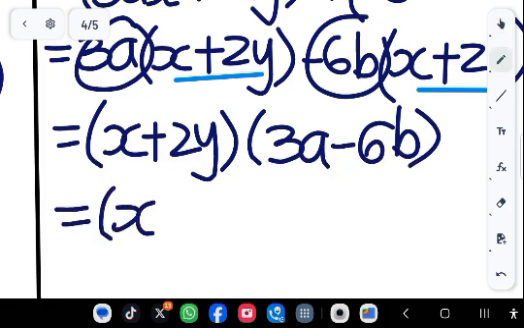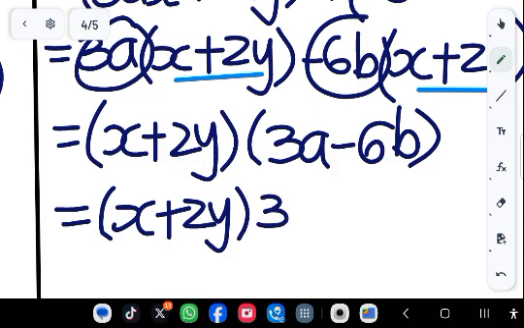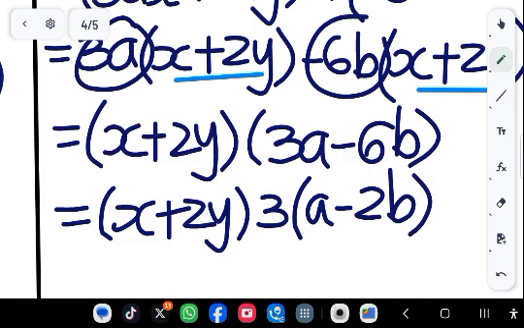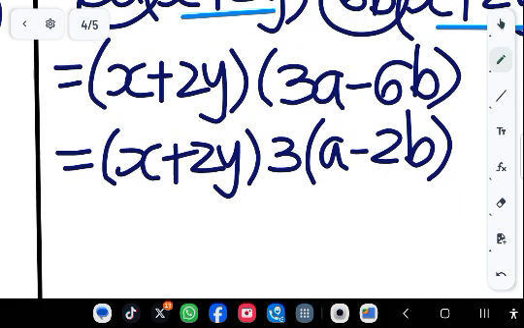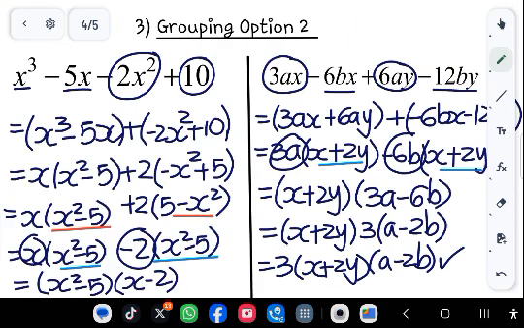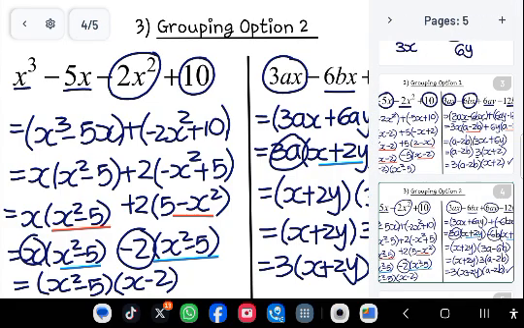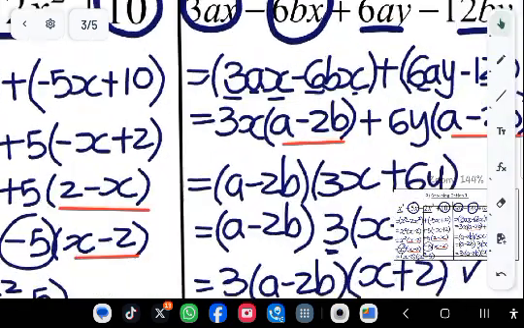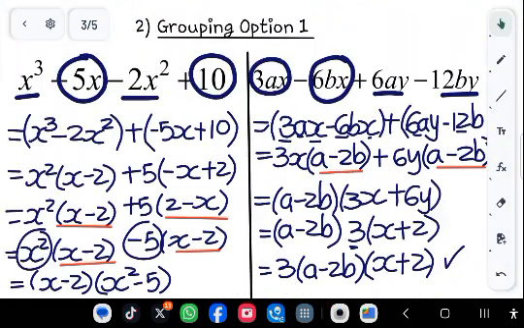So that will be x plus 2y. If they say factorize completely, we take out a common factor, and that is 3. That leaves us with a minus 2b. And the final answer, therefore, is 3 in bracket x plus 2y times a minus 2b, which is exactly the same as the answer that we had when we had grouping option number 1 in place.